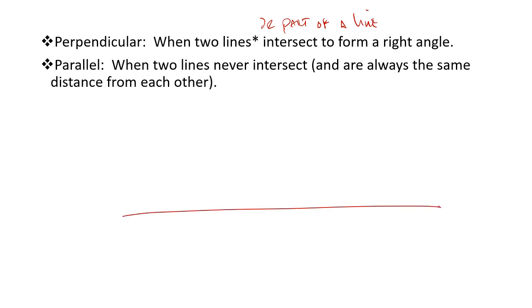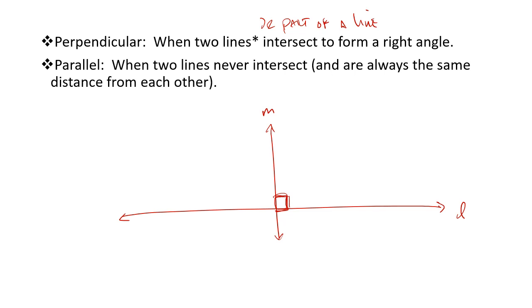So this is my line, we'll call it L, so we can just give it one name instead of using the endpoints to define it. So this is my L, and I can call this M, and these are perpendicular because they're going to form a right angle, and a lot of times we show a right angle by putting this little box. And so we put these two little lines here, and it makes like a little square here.